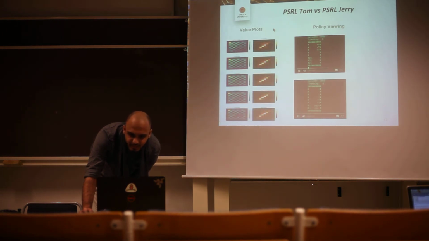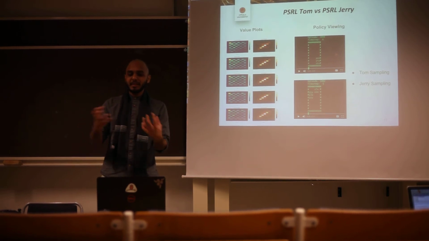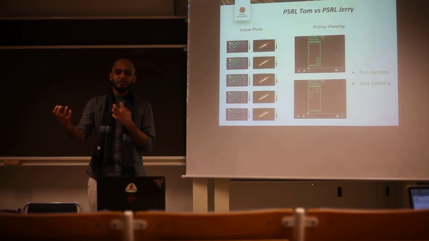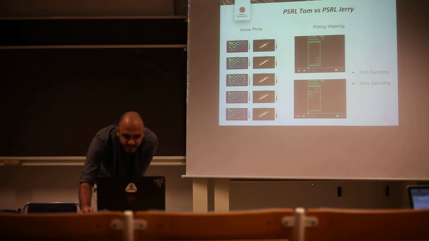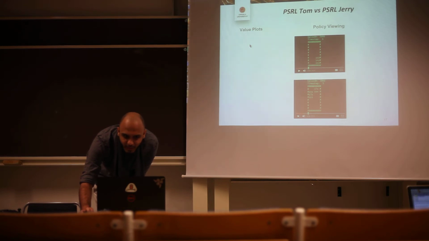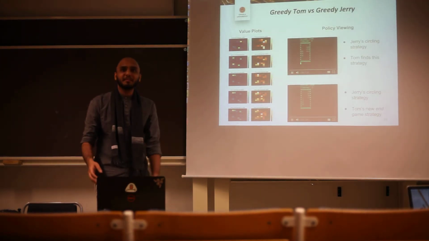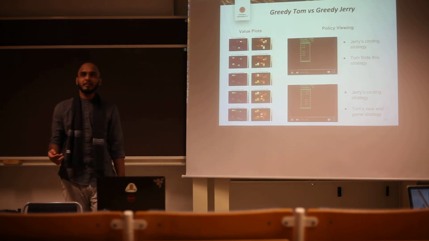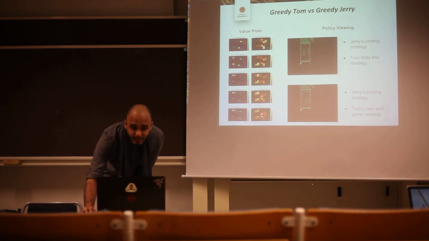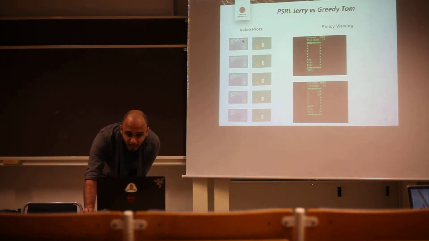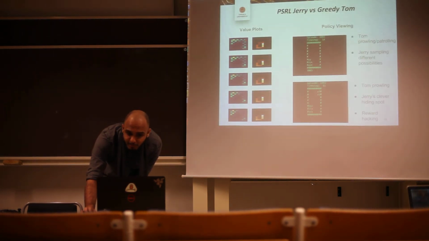So this is again just to show how Tom and Jerry sample from the MDP and they move, and in this case we can notice how if we compare a PSRL Jerry to an epsilon greedy Tom, we can immediately see the lack of exploration that the greedy algorithm, yeah, it doesn't explore as much.